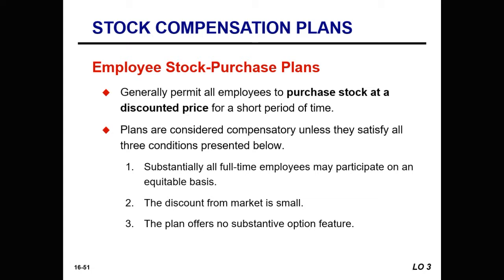So if the discount from market price, when they create their employee stock purchase plan, they write it as whatever percent less than market value. If that discount percentage is small, say 5%, then that is satisfactory for small. However, many of them are written around 15%. The 15% is not a small discount. The 5% is. It basically just accounts for the difference that the company would have to pay in their issue expenses if they were to go out to public issue.